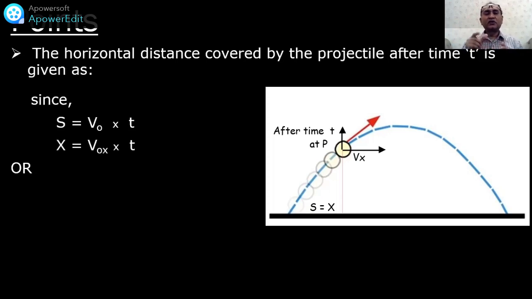What is x? X is the horizontal distance, and which velocity? V naught x, the part of the velocity along the x-axis, right? And all of us know the value of v naught x: v naught cos theta. So x is equal to v naught cos theta into t. This is the formula to find the horizontal distance when a projectile is thrown with a certain velocity. Clear?